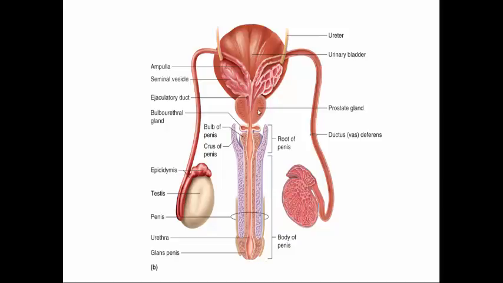Prostate here. That leads into the bulb of the penis and then out of the penis. So again, 2 testes, 2 epididymis, 2 vas deferens, seminal vesicles on either side, and 1 prostate that kind of covers both. There's only 1 prostate gland, but it covers both left and right hand sides.